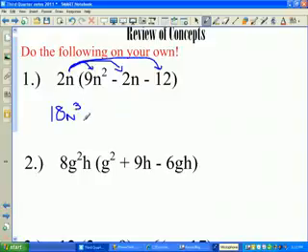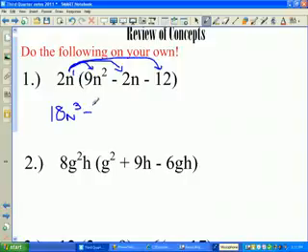We have to go back to when we dealt with exponents. Since we're multiplying, we're going to add the exponents. And where the 3 came from: when you have 2n, that n is being raised to the 1st power, so 1 plus 2 is where that 3 came from.